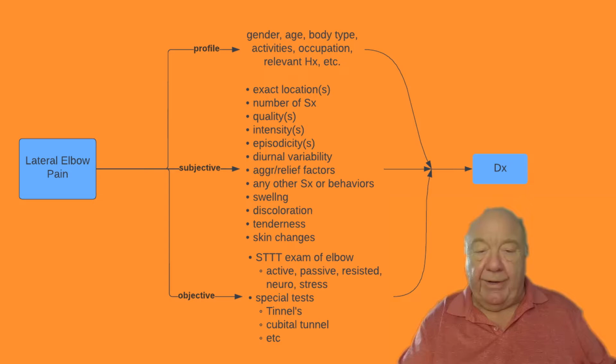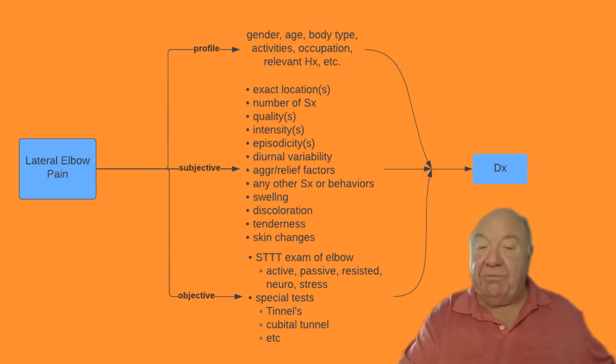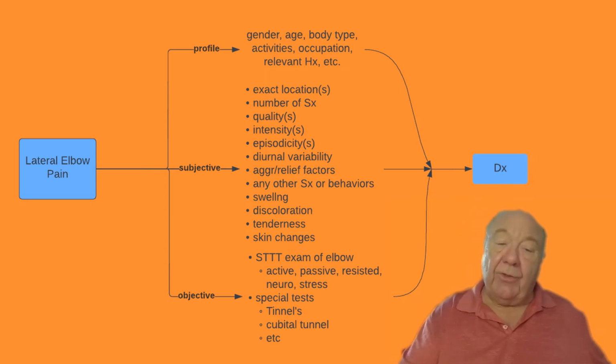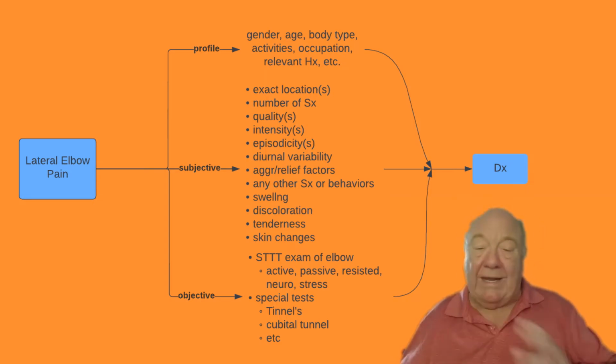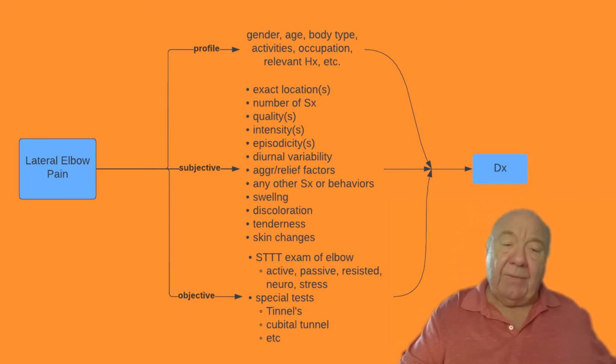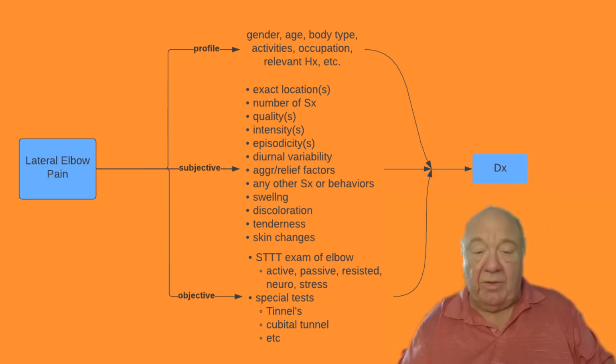Is it recurrent? Do you see any discoloration at all? Tenderness when you prod and poke, does it hurt you when you do it? And also any skin changes, rashes and so on, edema. Probably you were given more than that, but these are the ones that come to mind immediately.